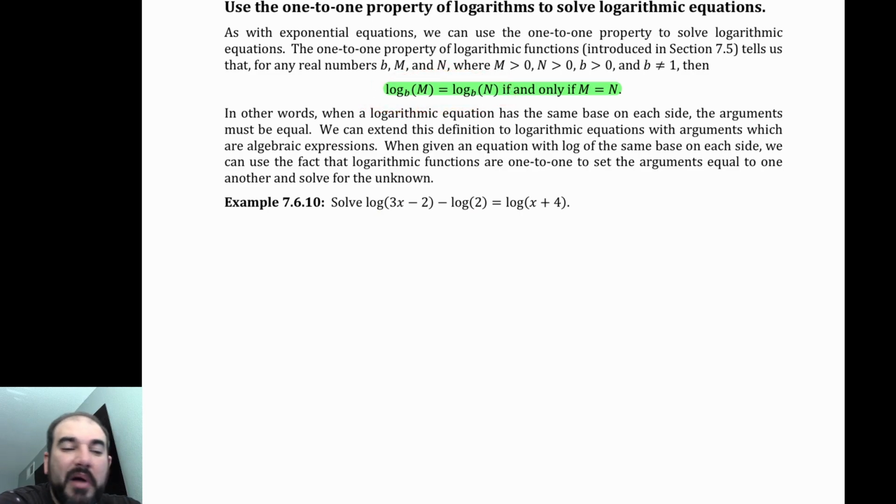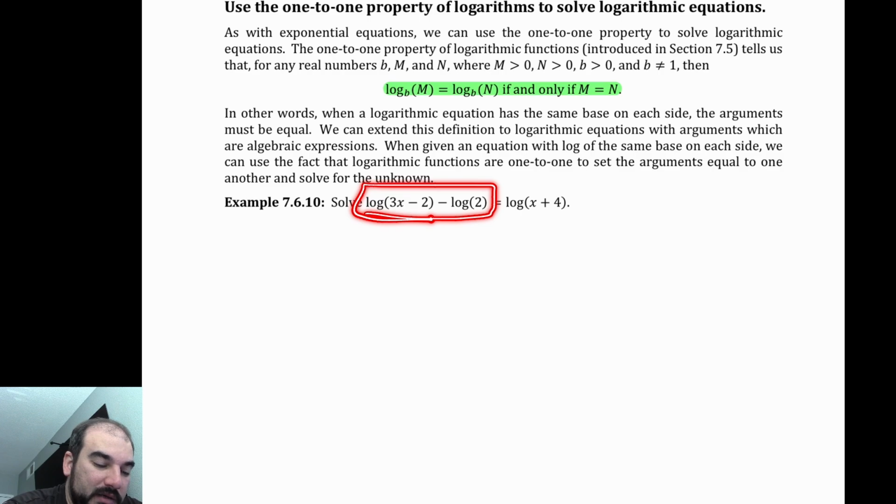So what we can do is combine what we've learned so far, expanding or condensing, power rules, quotient rules, or product rules, to get to this form where we have the same log base on both sides, and that's the only thing we have on both sides. So I really want these two logs to be one log.